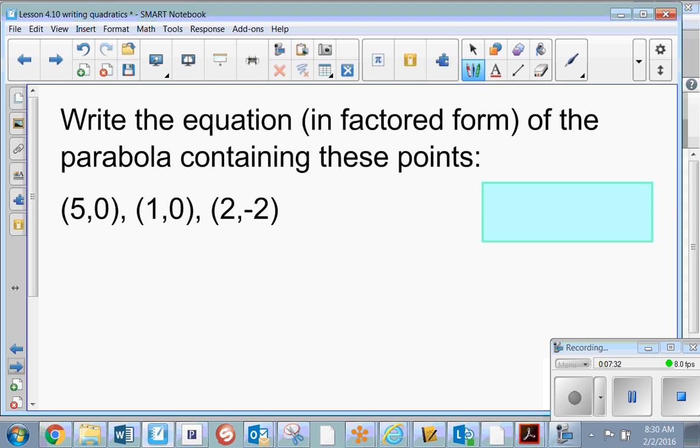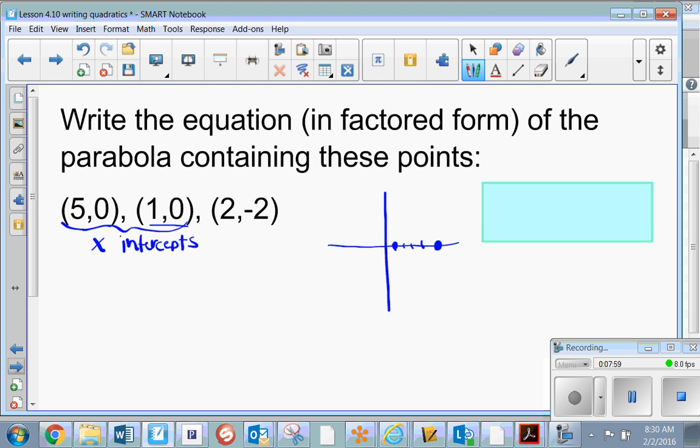Let's think about it visually. The point 5, 0, that's an x-intercept. And the point 1, 0, both of those. These two are x-intercepts. Right?